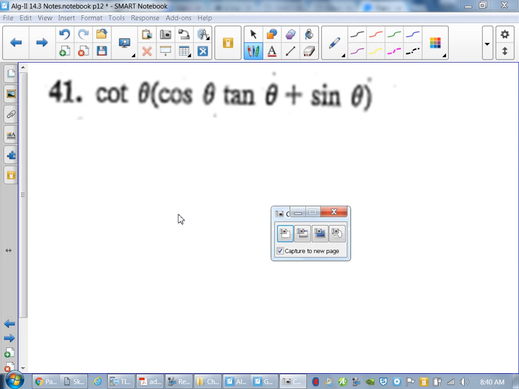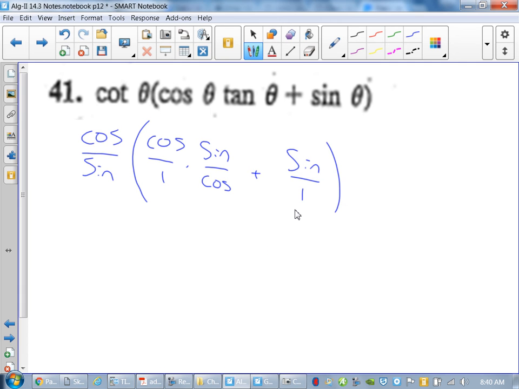And see what happens. Now, if I do that, I'm going to have a cosine over sine times cosine over 1, sine cosine, plus sine over 1. You okay with that? Now, right off the bat, that goes away.